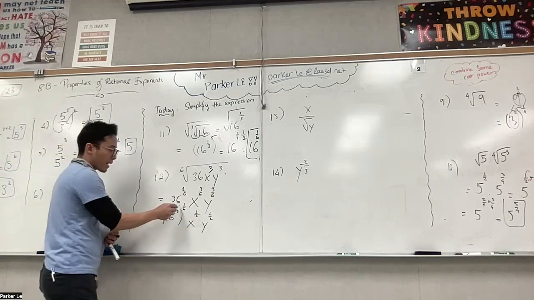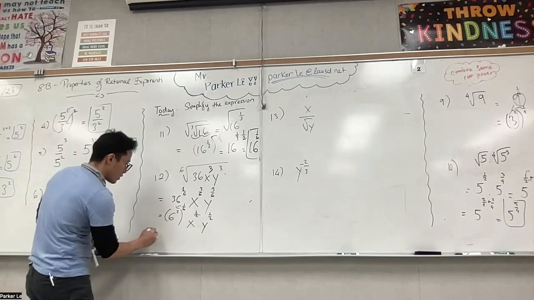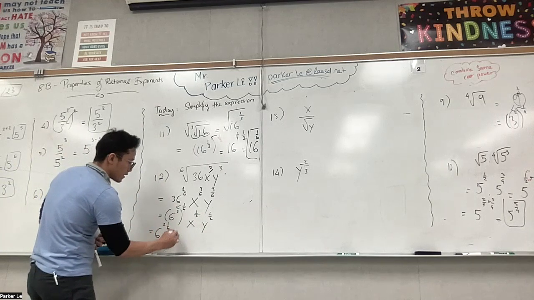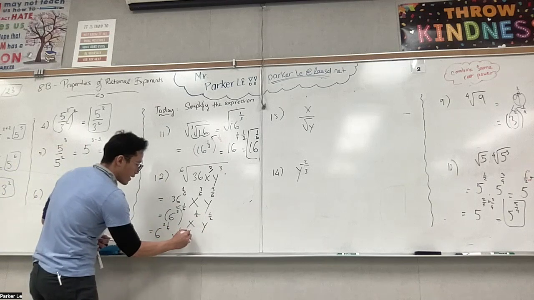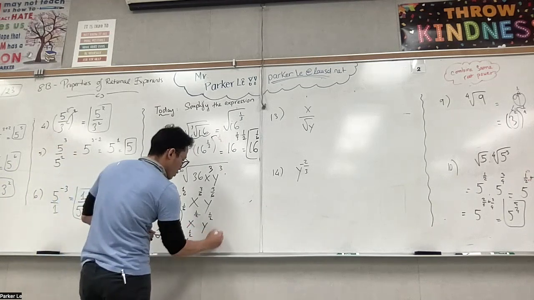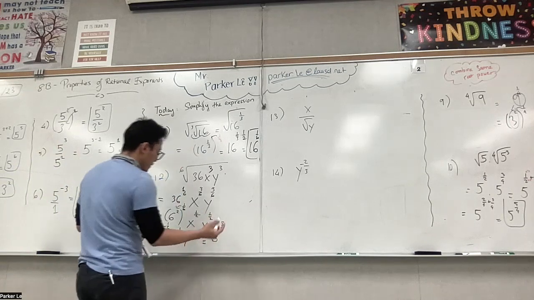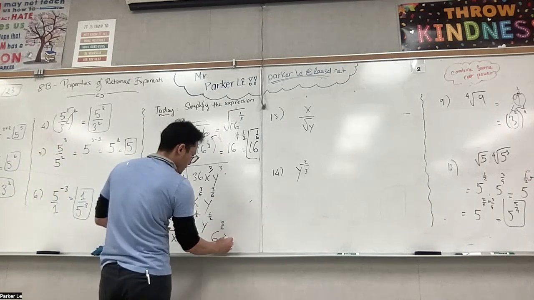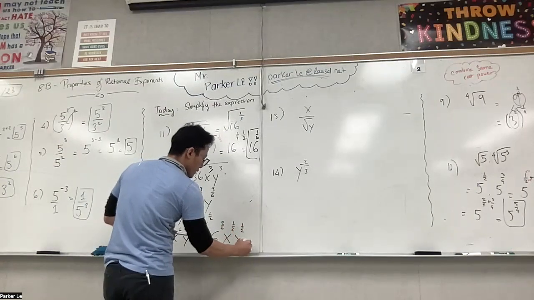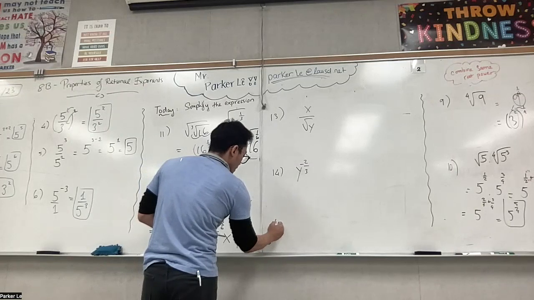You multiply. Very good. So 6 squared times 1/6, x to the 1/2 and y to the 1/2. So 2 times 1/6 is 2/6, and 2/6 is 1/3. So the answer is 6 to the 1/3.